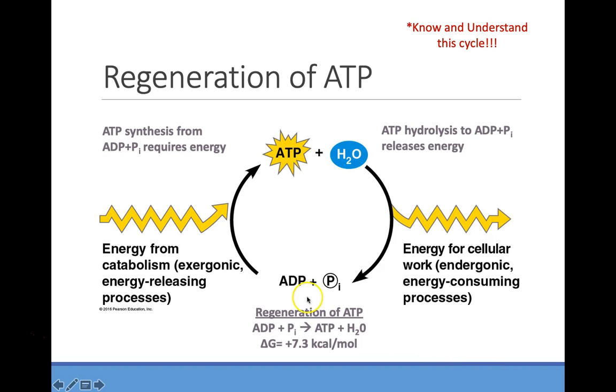The ADP molecule and the inorganic phosphate that are produced as a result of that cellular work can then be combined, driven by energy from exergonic reactions. So energy is input into the reaction. It produces a dehydration reaction in which that phosphate group is added to the ADP, and again we get ATP.